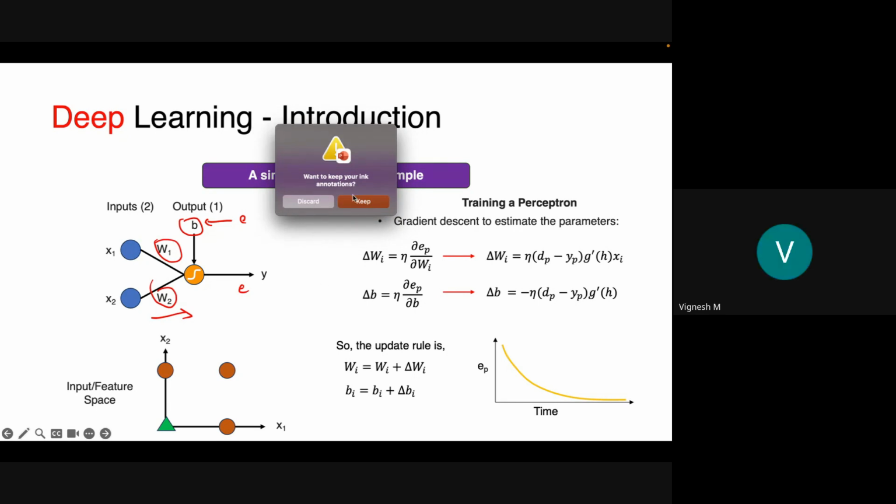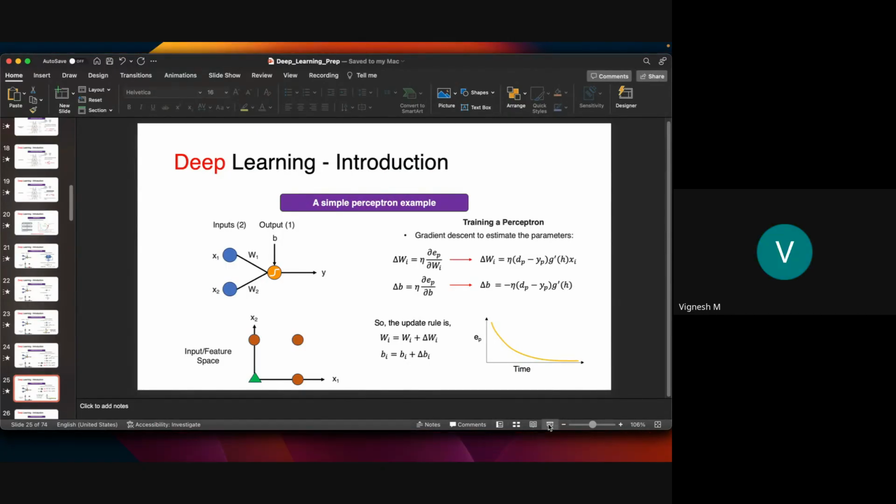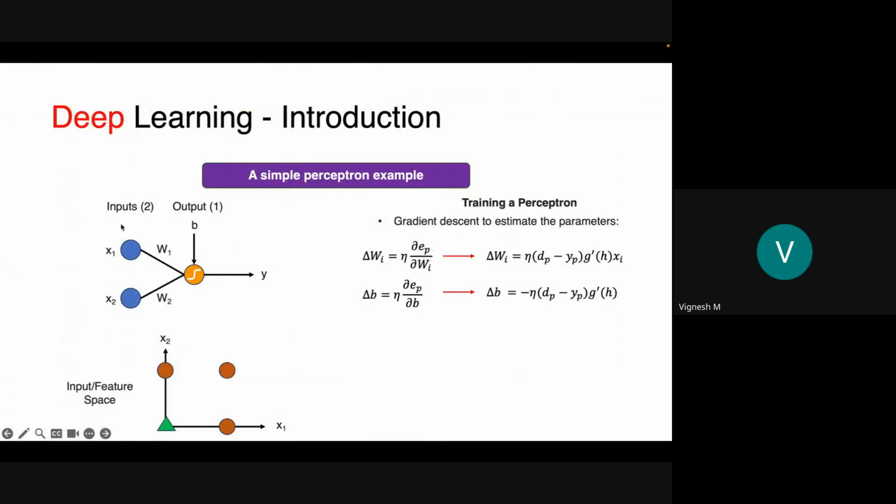Sir, small question. What is your perceptron? It's just one neuron. In this case, it has 2 inputs. It can have multiple inputs too, but it's just one neuron, just one layer. There is no hidden layer in here. That's what makes it a perceptron. If there was a hidden layer here, then that makes it an MLP.